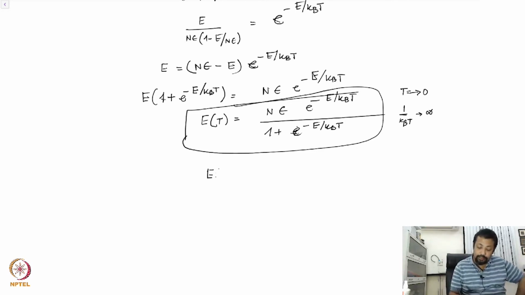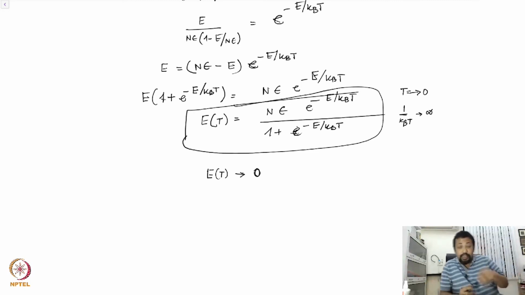And the total energy would tend to zero. Correct? Why? Because as you lower and lower the temperature, there is not much excited energy available to go to the first excited level. So correspondingly, all the particles are in the ground state.